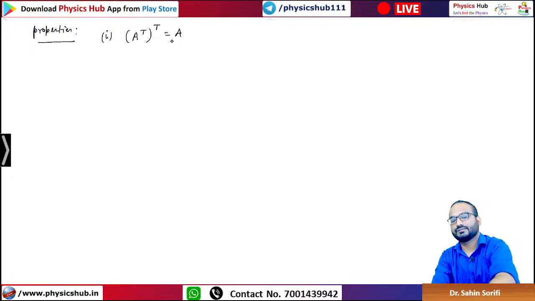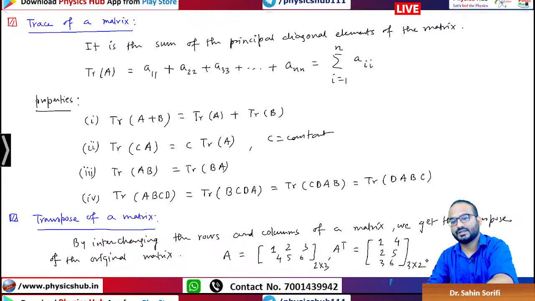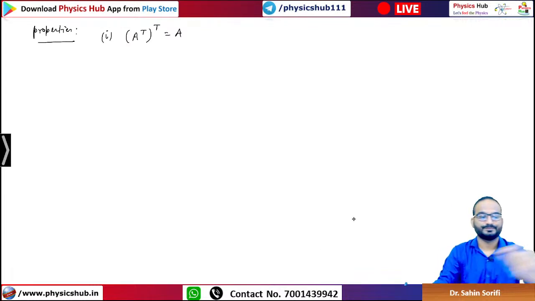If you take the transpose of the transposed matrix, you get the original matrix. Obviously, if you take transpose again, then you will again get back 1, 2, 3, 4, 5, 6.